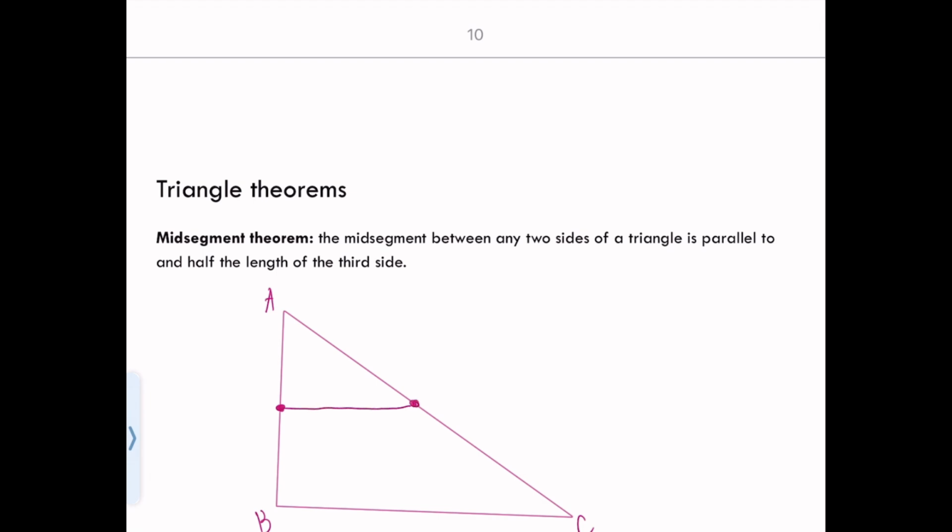So if we connect these 2 points, that is our mid-segment, and the theorem basically tells us that this line is parallel to the third side, which is BC, and is also half the length of BC. So if we were to label this D and E, line DE would be equal to half of line BC.